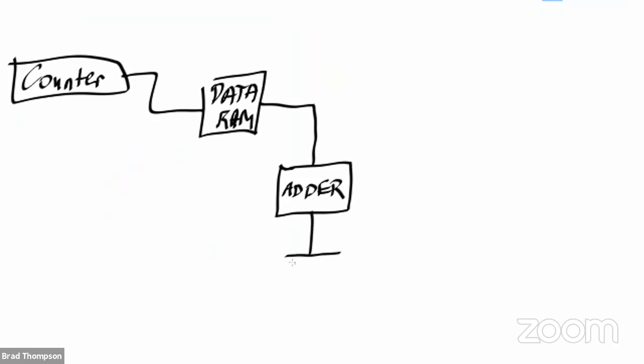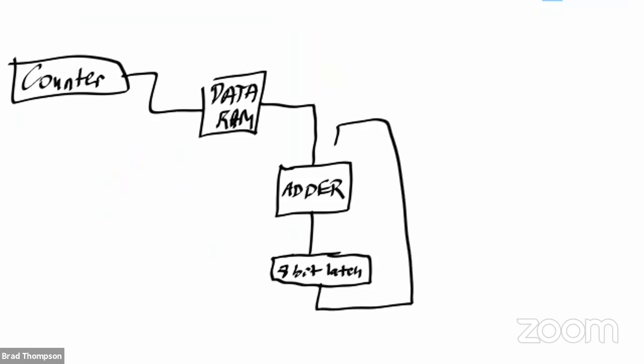The output of that goes into that 8-bit latch, which then feeds back as the other input of my adder, and also lights up some light bulbs.